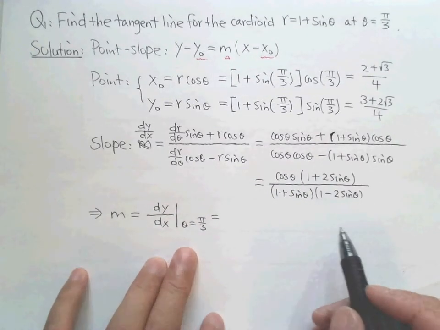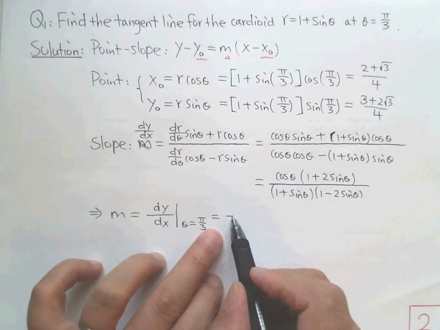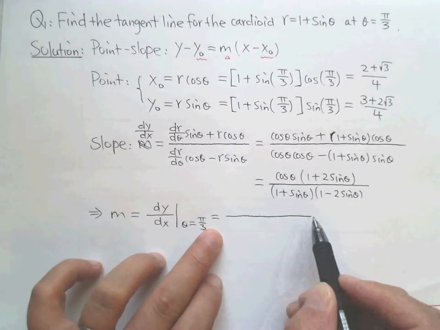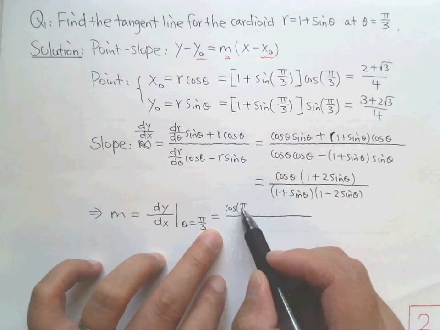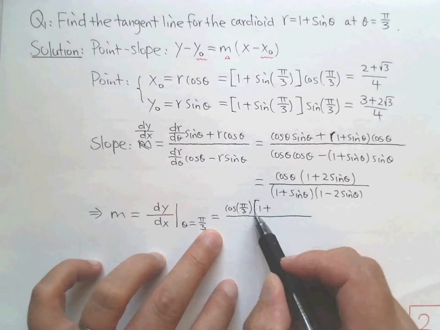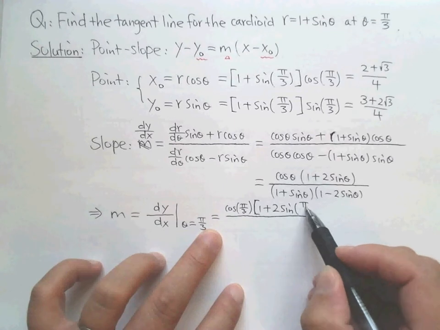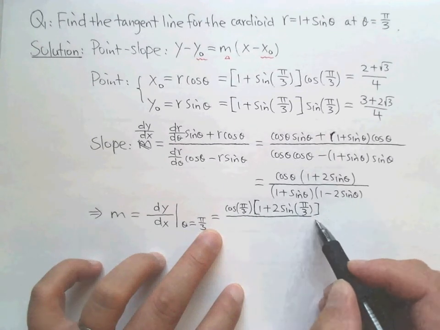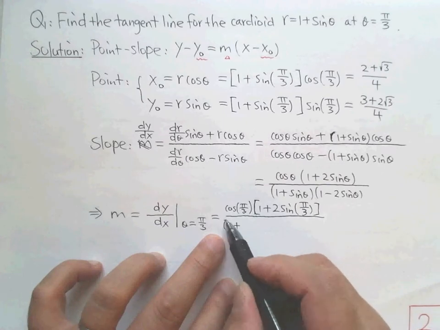So still longer, but not difficult now. So I copy this to here. Okay, so I copy. This should be cosine pi over 3 times 1 plus 2 times sine at pi over 3. Okay, it is longer, but don't worry.